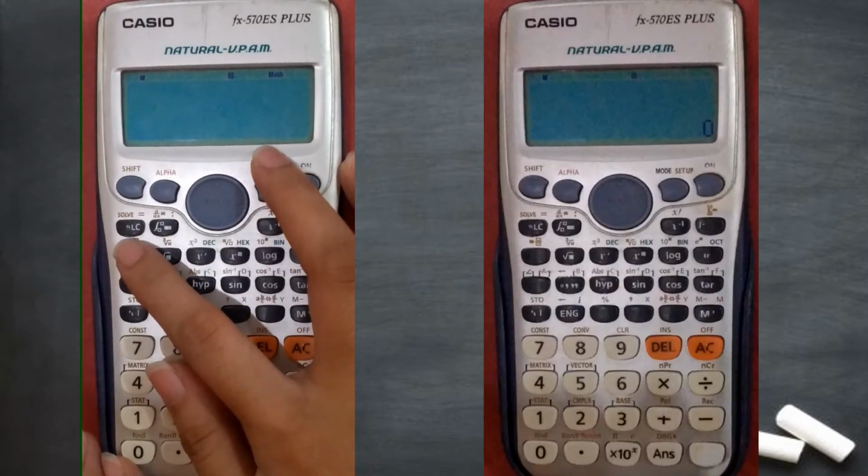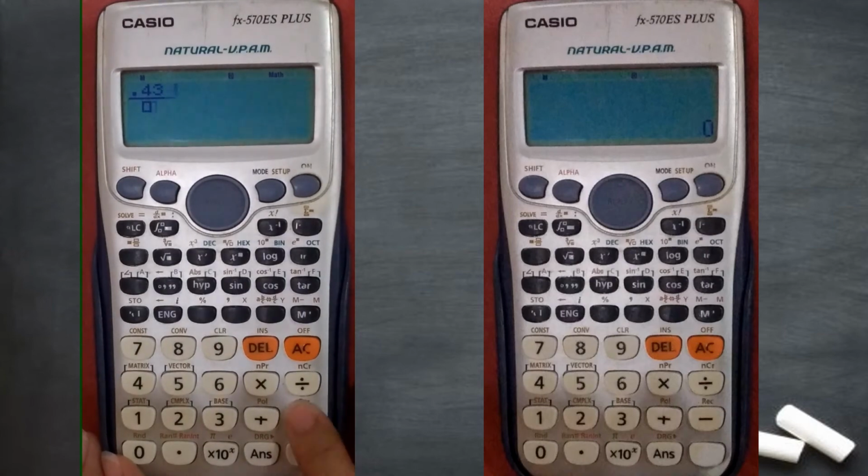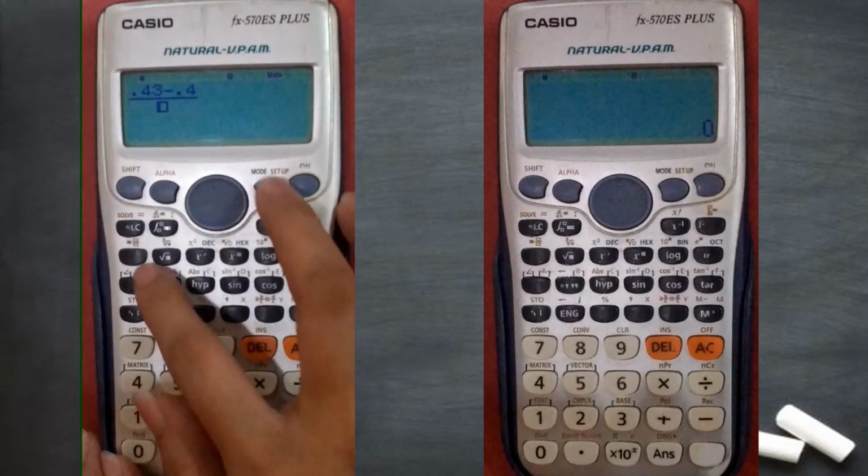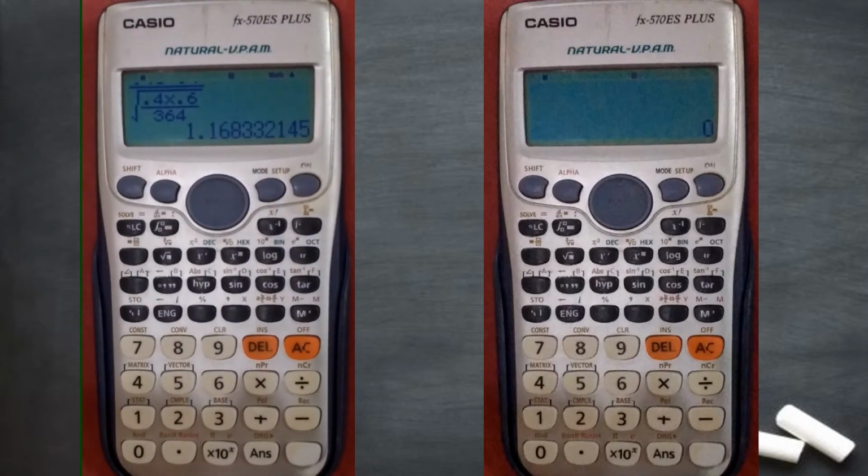For four-line calculators, fraction, then 0.43 minus 0.4 all over the square root of fraction 0.4 times 0.6 all over 364. Equal sign, that is the answer.